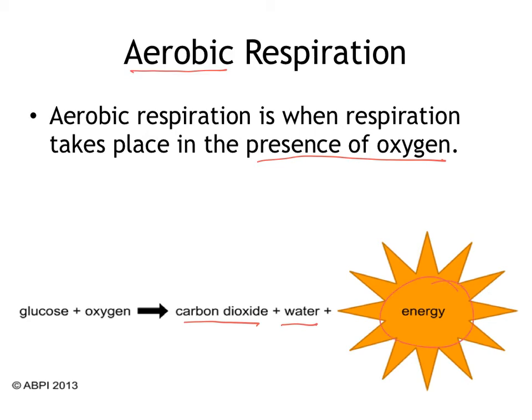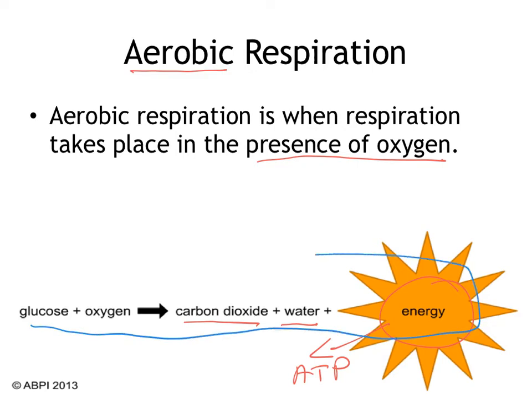You may remember from the last video that that energy is stored in a molecule called ATP. Now, this equation that is written here is called the word equation for aerobic respiration. That is glucose plus oxygen broken down to carbon dioxide plus water plus energy.